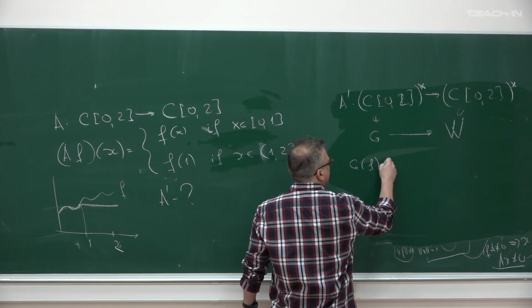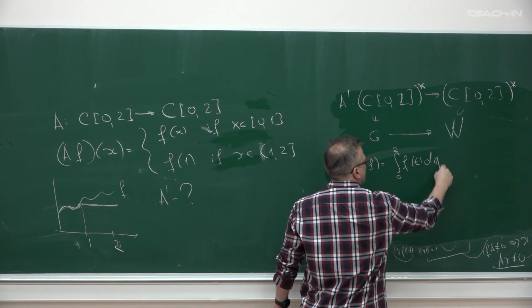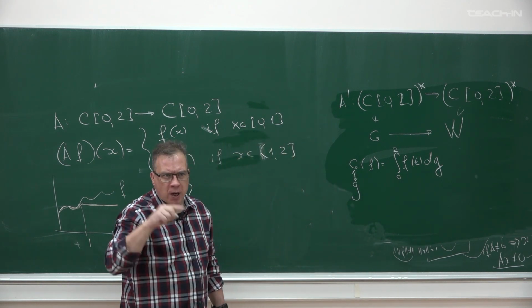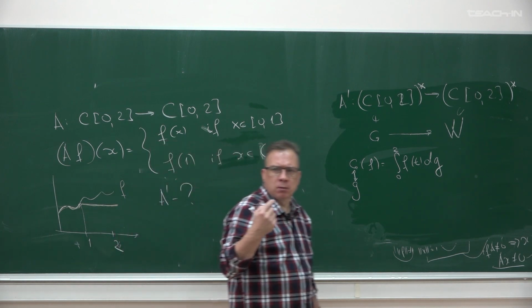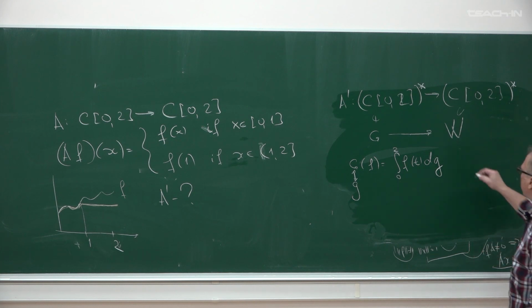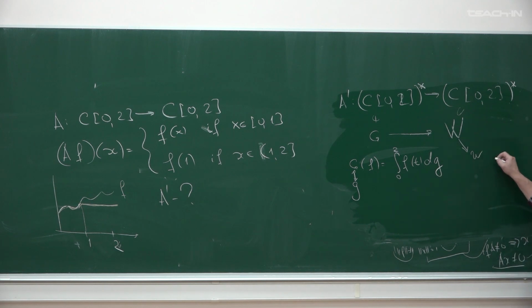Small letters are for functions, large capital letters are for functionals, and small letters are the corresponding functions. So it corresponds to functions g and w small, and the action is given by the Riemann-Stieltjes integral.